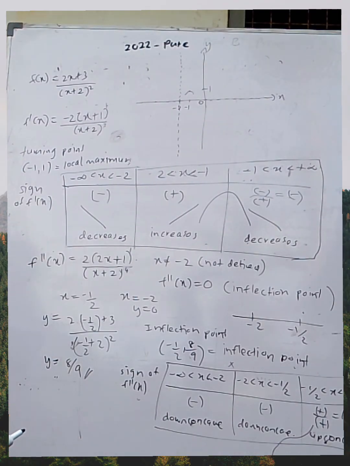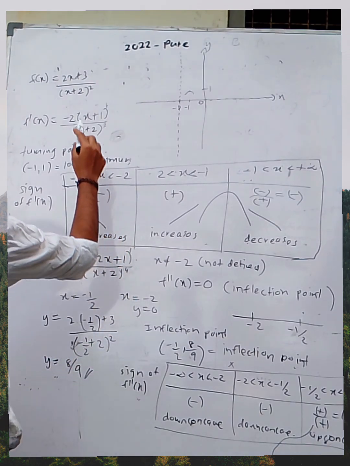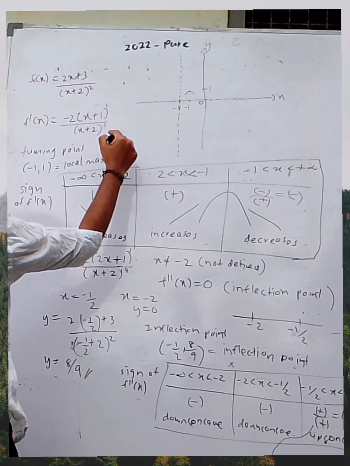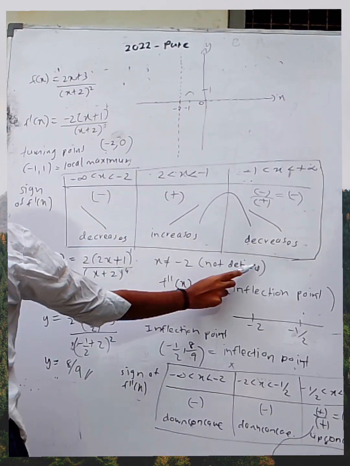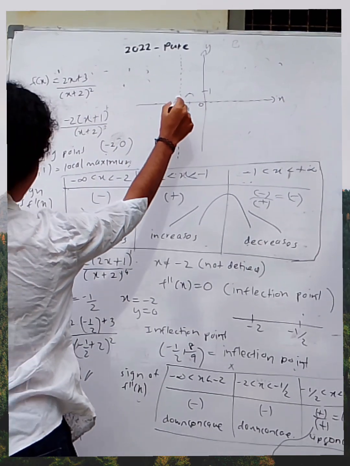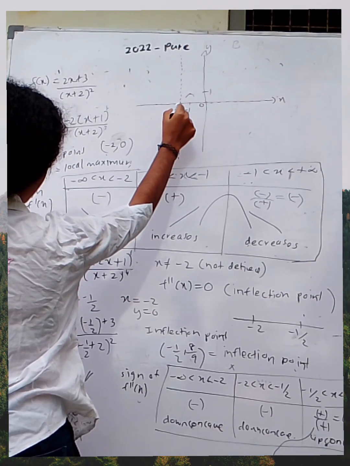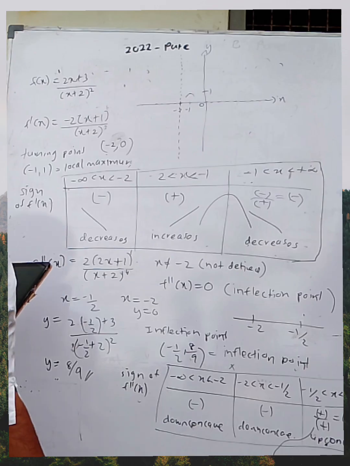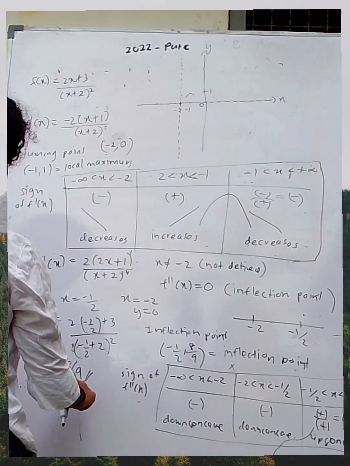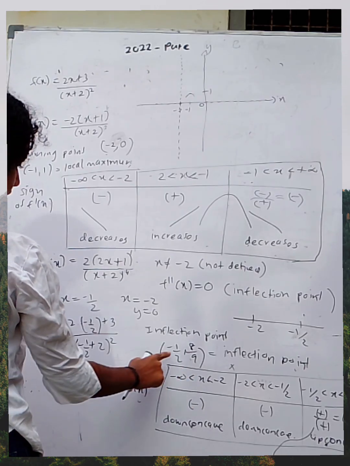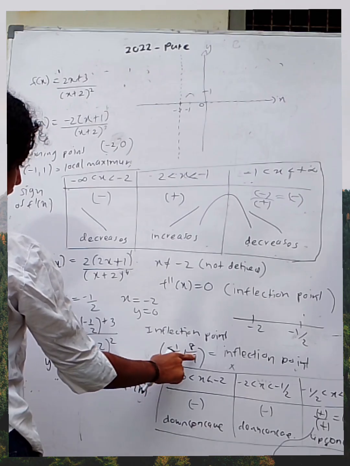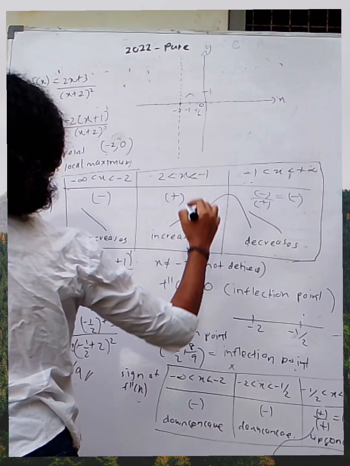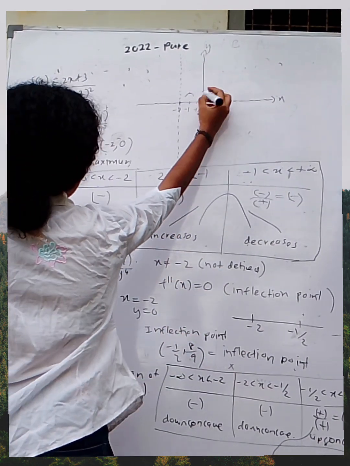And then there was another point we got. That is when x equals -2. I said that the y automatically becomes 0 because it's a not defined point. So here -2, 0 lies here. So that's another point. Then there is another point we got for the inflection point, that is -1/2, 8/9. -1/2 lies somewhere here and 8/9 lies somewhere below 1.